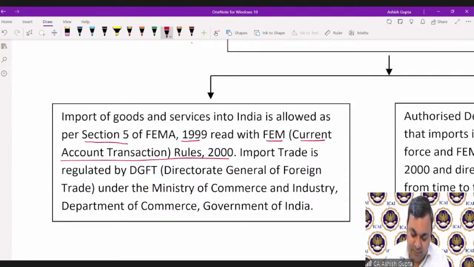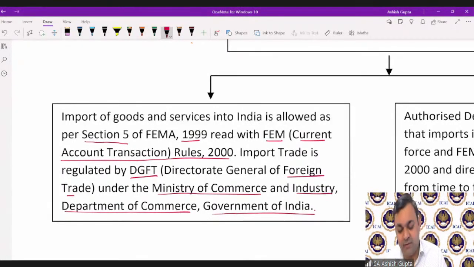Import trade is regulated by an authority called DGFT, Director General of Foreign Trade, under the Ministry of Commerce and Industry, Department of Commerce, Government of India. So from this paragraph, two things are important. First, Section 5. Section 5 deals with the current account transaction. So with this current account transaction, import of goods also deals with Section 5, right? And there is an authority, DGFT, Director General of Foreign Trade.